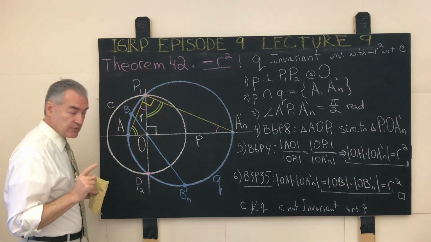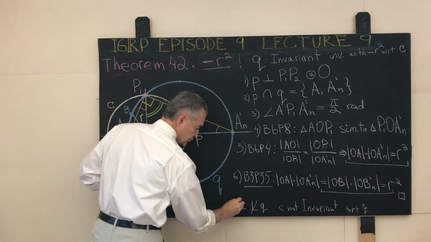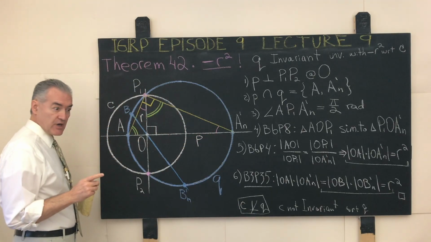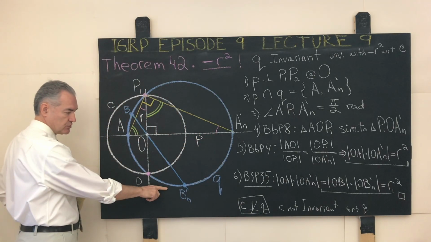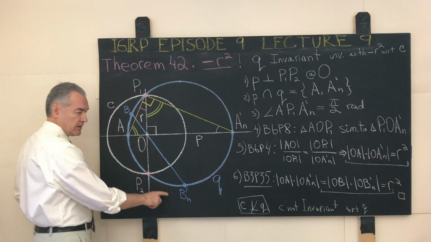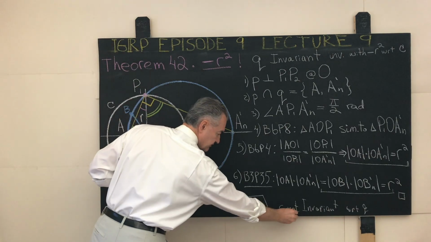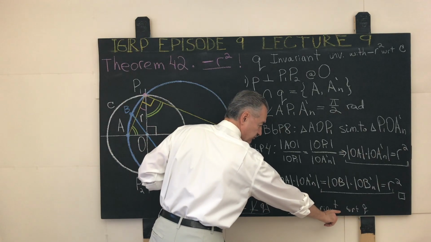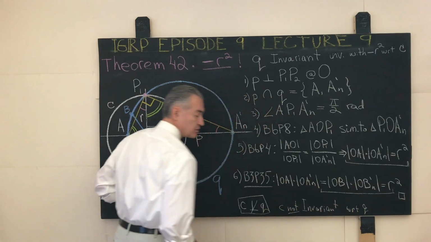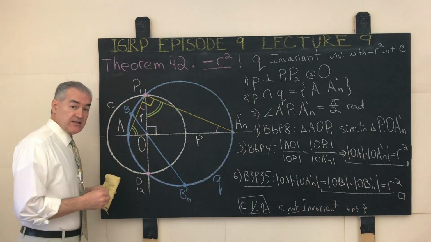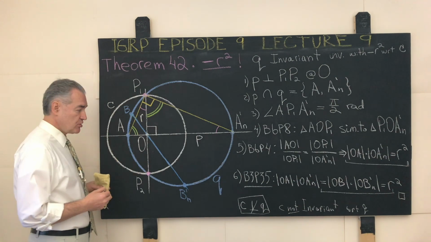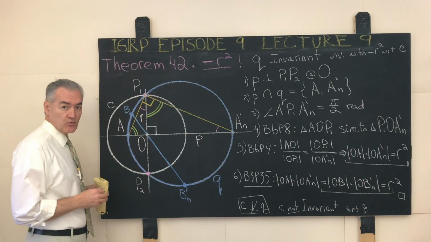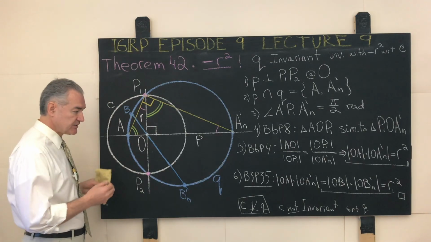Here, however, we have to be careful. Observe that the circle C and the circle Q are not orthogonal, and the circle C is not invariant under the corresponding inversion of the plane with negative power with respect to the circle Q. So in this case, the direct analogy that we had with the previous theorem, theorem number 41, is not in place.